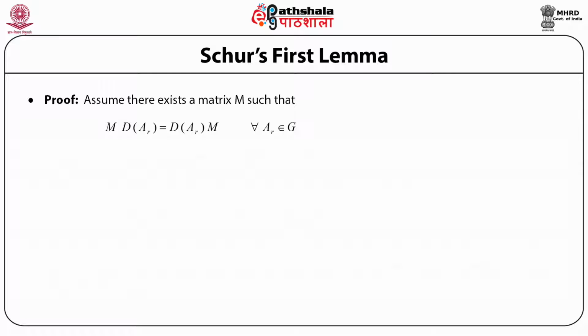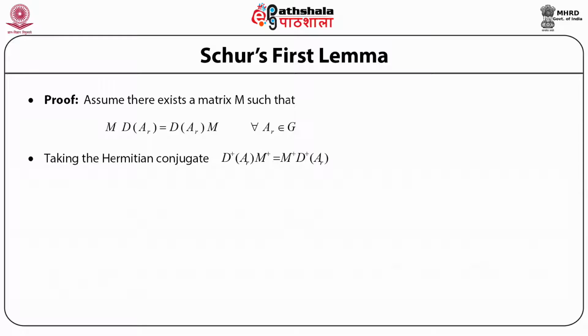Let's assume there exists a matrix M such that it commutes with the representation matrix D of A_R. That is, M D(A_R) is equal to D(A_R) M for all elements A_R belonging to the group G. Taking the Hermitian conjugate of the above, we get D dagger(A_R) M dagger is equal to M dagger D dagger(A_R).